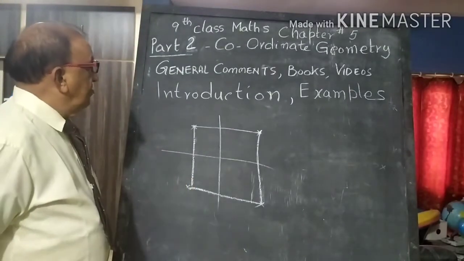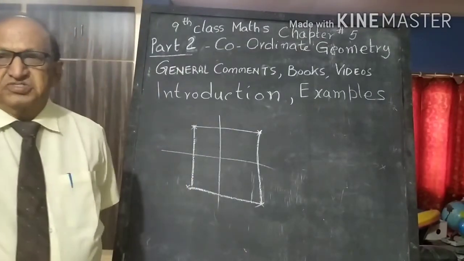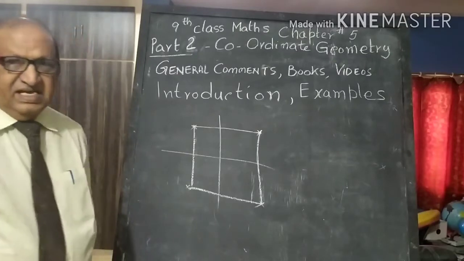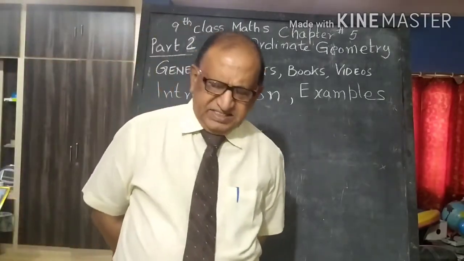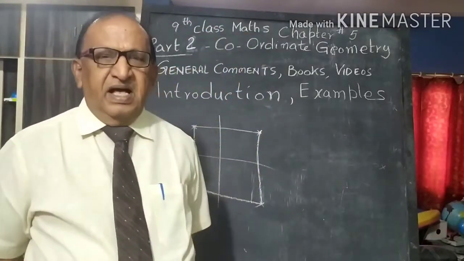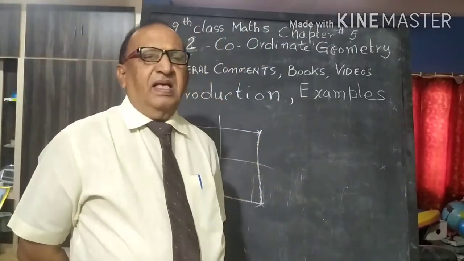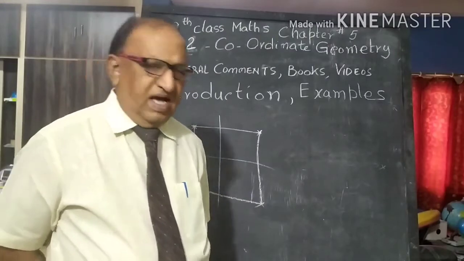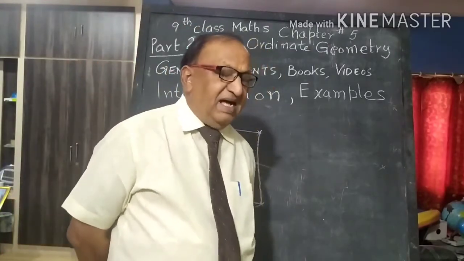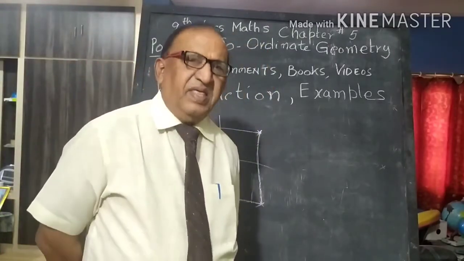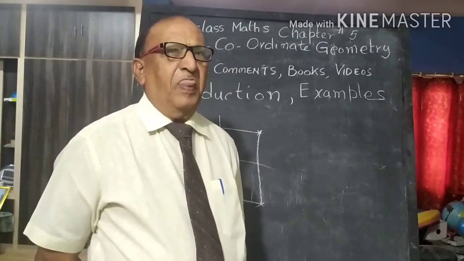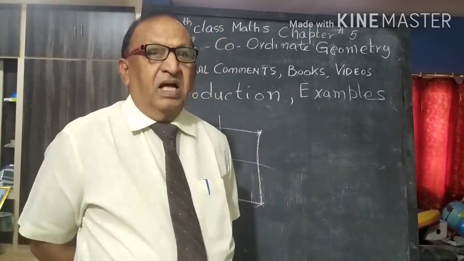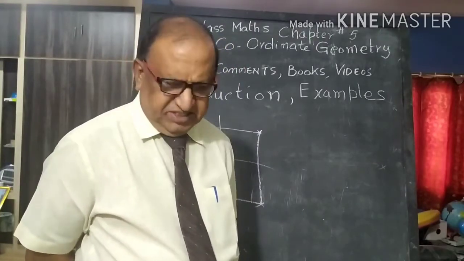Okay? So, we are coming to the end of this chapter 5. Once again, I told you, a mathematician in the 17th century, his name is René Descartes. In short, he is known as Cartesius. Because his name is Cartesius, the geometry he developed is called the Cartesian coordinate system.